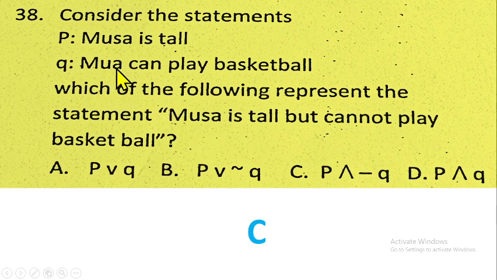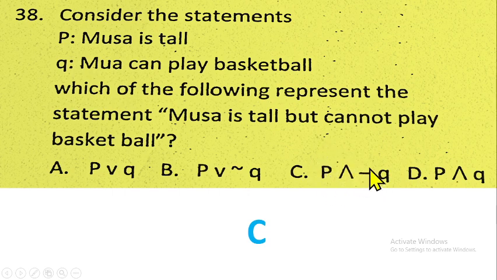So Musa cannot play basketball means that you have to negate this proposition Q. So Musa is tall and cannot play basketball. So this is the negation of Q.